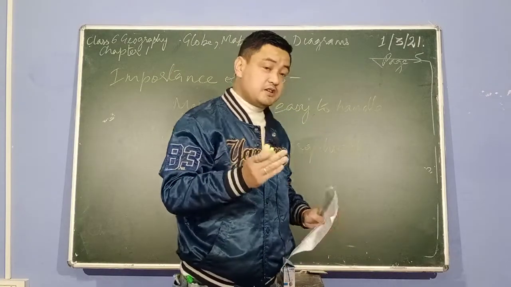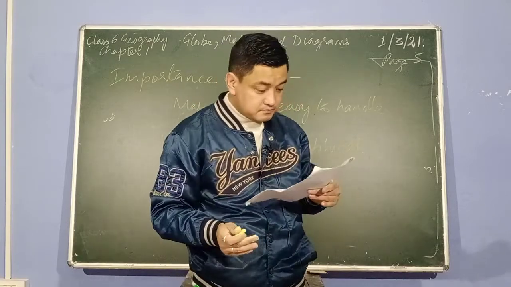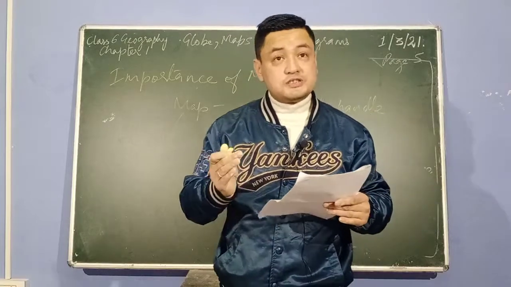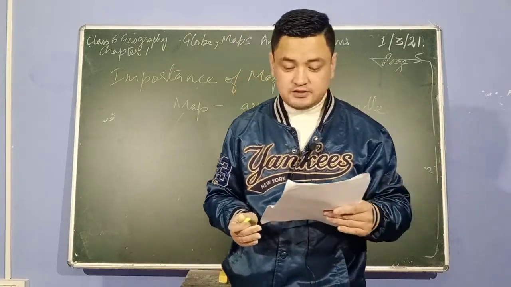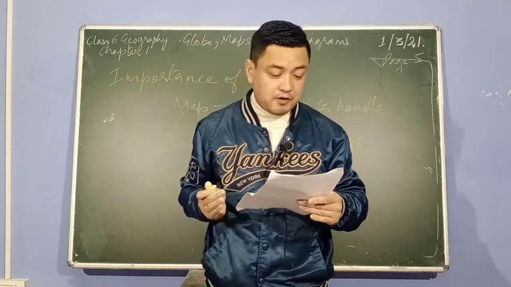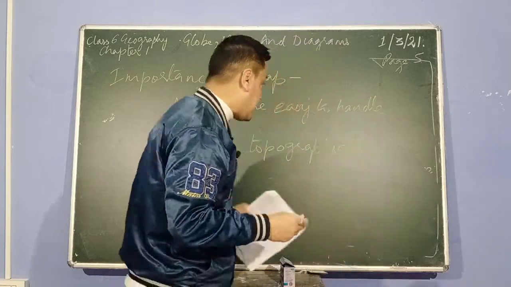So the military uses a topographical map in order to use it for battle or for defense. They use this map to get valid information about distance. Distance is very important. These are the elements of the map.